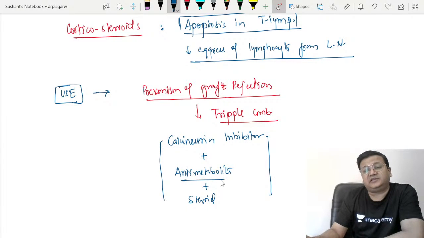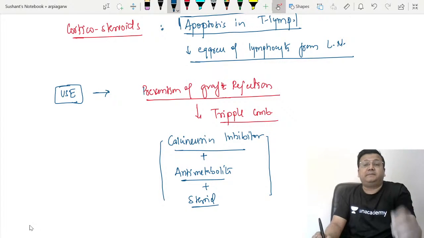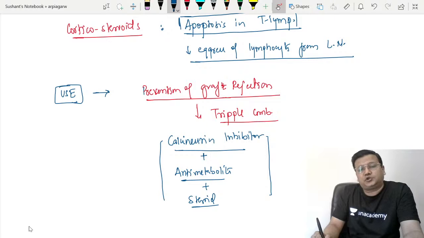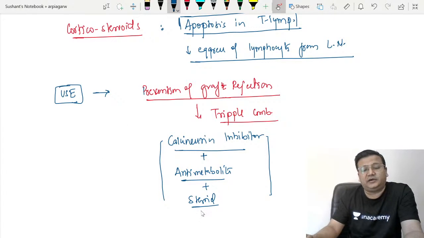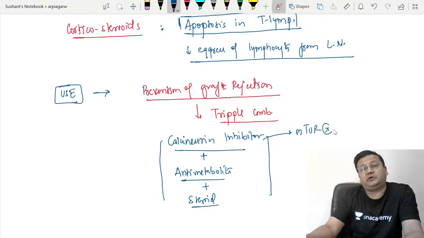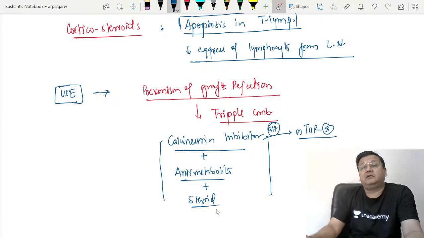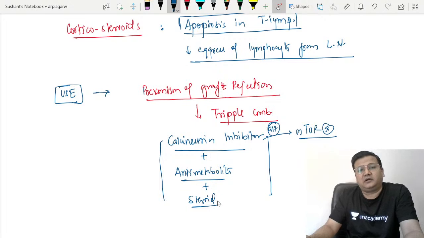This is the combination which is given for most post organ transplant, to prevent rejection of the organ transplant. If calcineurin inhibitors cause too much nephrotoxicity, you can replace it with mTOR inhibitors. And those are the main uses of these particular drugs.